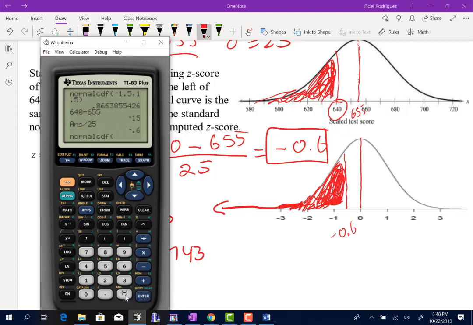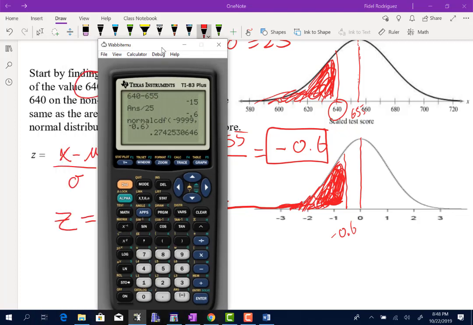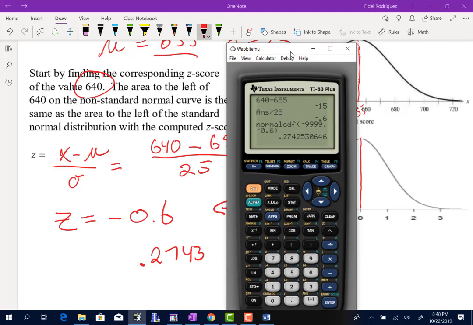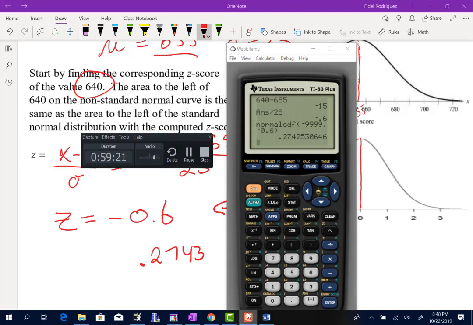Since I'm going to the left forever, negative a whole bunch of nines, comma, negative 0.6, however you want to write it, okay, close it off, hit enter, and are we coming up with the same number? 0.2743, right? There you go, and you got it. What do you think? Does this stuff make sense? We're doing okay?